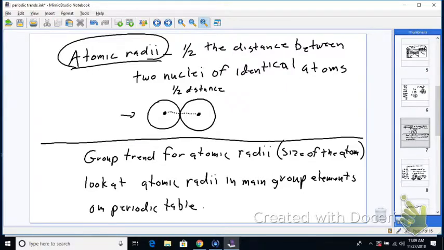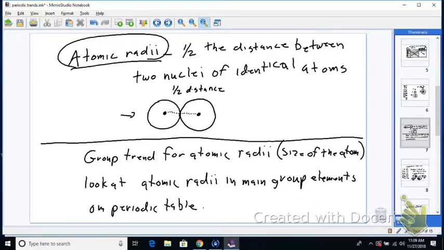So it's relative to the size of the atom. We know the bigger the radius of a circle, the bigger the circle. Okay? So in this case, half of the distance between 2 nuclei of 2 identical atoms is going to represent the size of the atom. It's going to be the radius between the nucleus and the outer portion of the atom. So that has to do with the size of the atom.